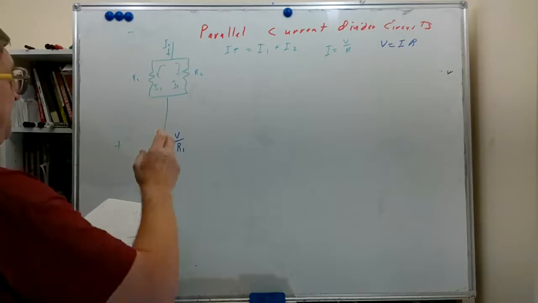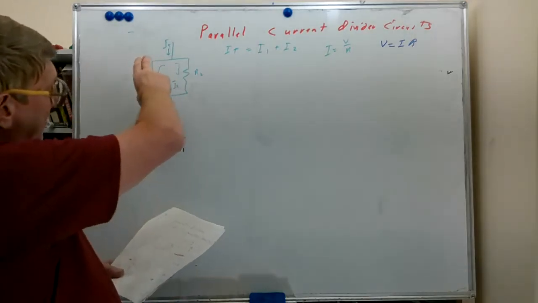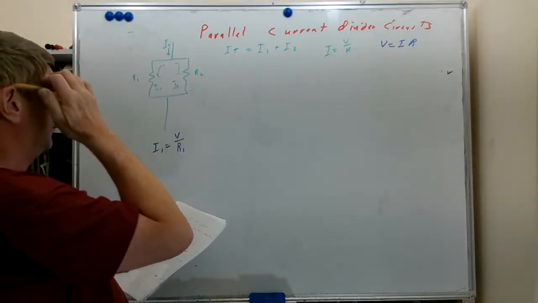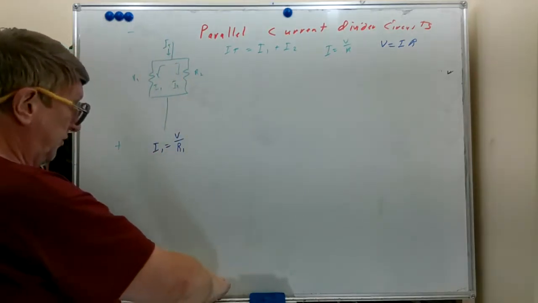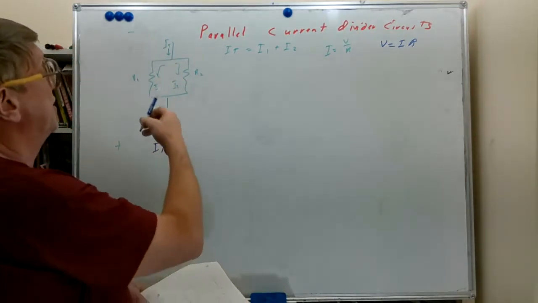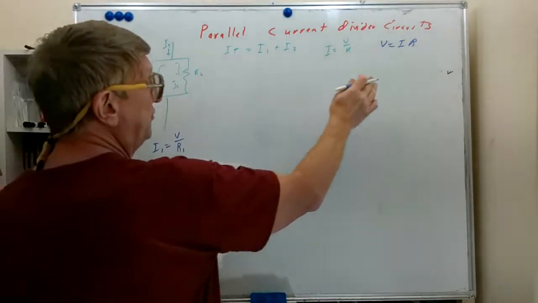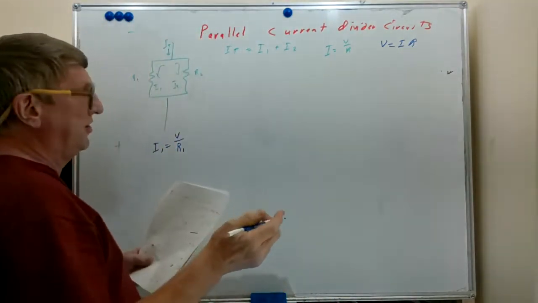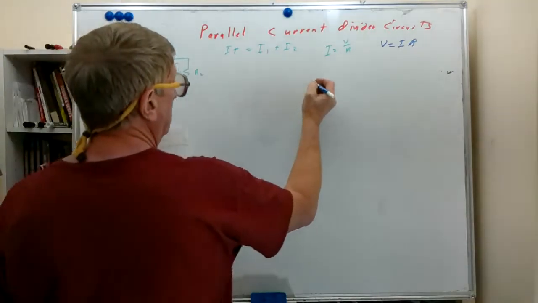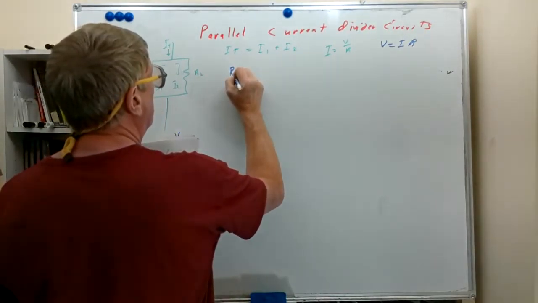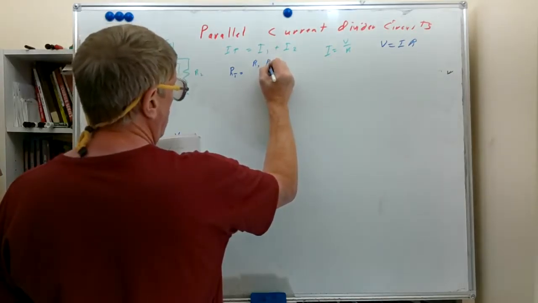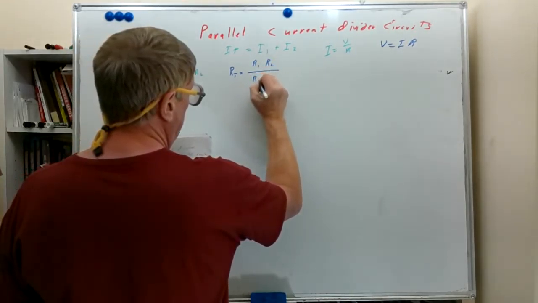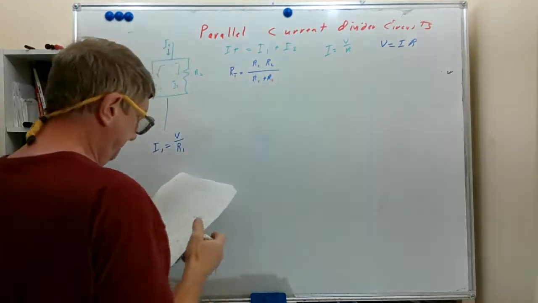If we want to find the voltage across this network, if we have IT and we have our total, we can come up with the voltage using this. Well, we don't have our total, but we have a formula for our total. For two parallel resistors, our total is equal to R1 times R2 over R1 plus R2.